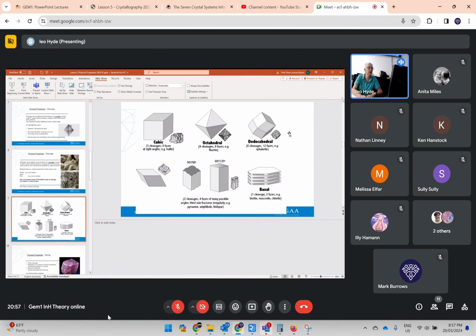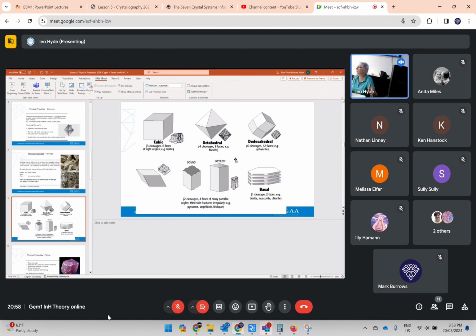So this is your lesson 3. In your notes, it will show you the differences. You need to know which directions something will cleave in, and examples of it. So cubic or octahedral, see fluorite, four directions.